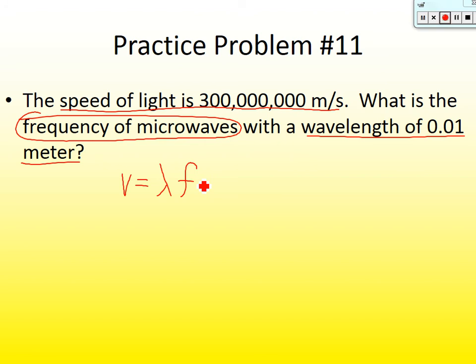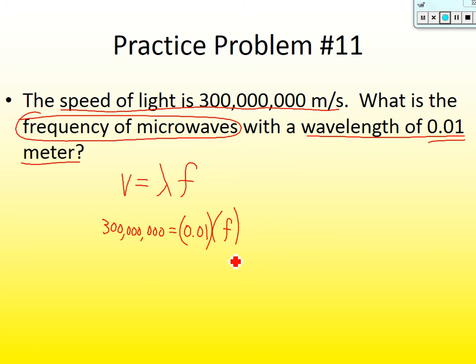Did it give us the velocity of these microwaves? Yeah, they travel at the speed of light, 300 million meters per second, is equal to, did it give us the wavelength? And it did, 0.01. And we just got to figure out what the frequency is.